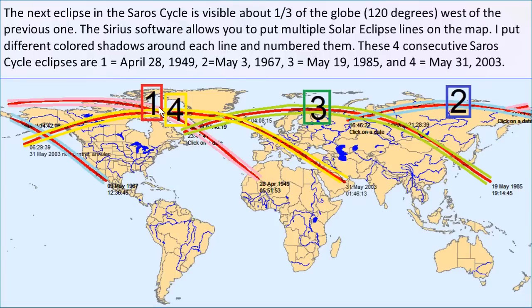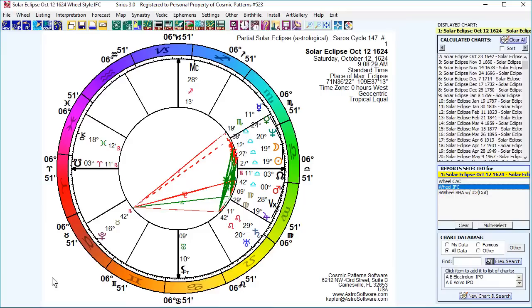And we saw that in the Sirius software, it'll show you the eclipse chart. I showed in the first video in the series how you can select to show it at the maximum latitude and longitude. Let's see, if I go back to the Sirius software, here's the eclipse chart.